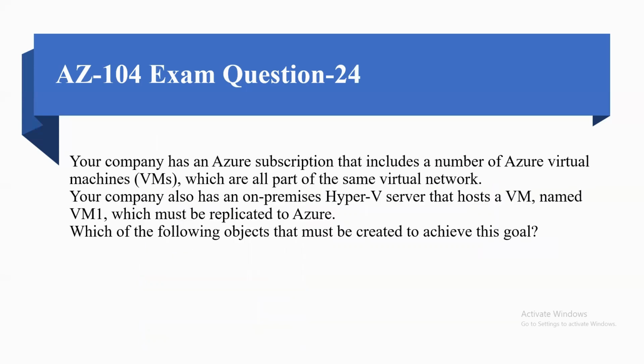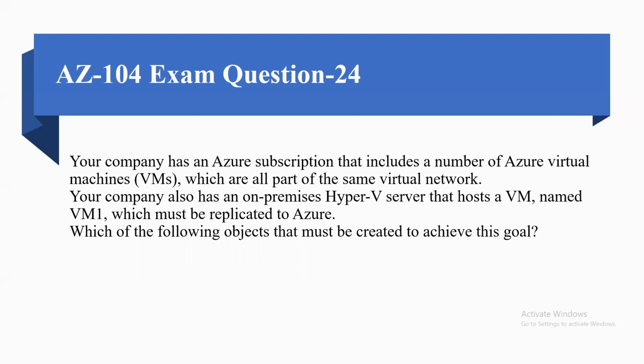Next question. Your company has an Azure subscription that includes a number of Azure virtual machines which are all part of the same virtual network. Your company also has an on-premises Hyper-V server that hosts a virtual machine named VM1, which must be replicated to Azure.